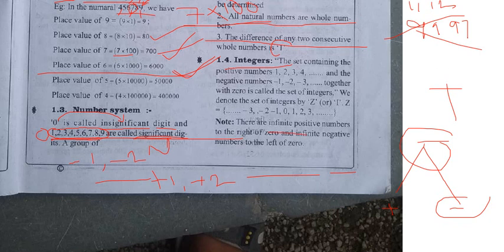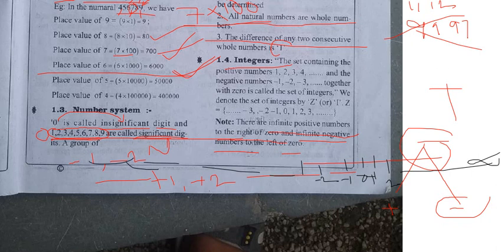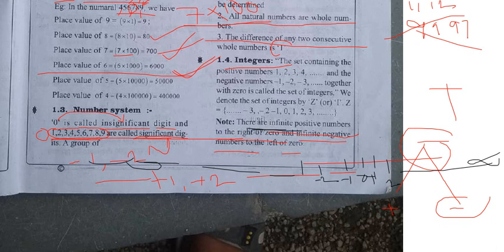There are infinite positive numbers to the right of 0, yes or no? Yes. And infinite negative numbers to the left of 0. If you draw a line here and place 0, these are the positive numbers, plus 1, plus 2, up to here infinite. Similarly here, minus 1, minus 2, minus 3, and here also infinite.